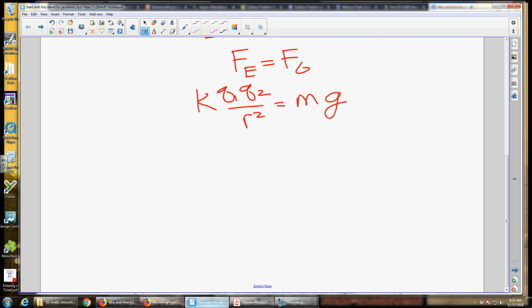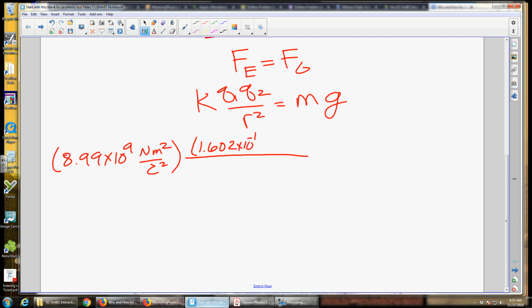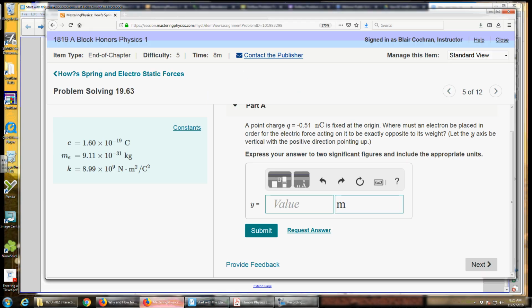Okay. So I'll do that. 8.99 times 10 to the 9th newton meter squared per coulomb squared, times charge on one electron, 1.602 times 10 to the minus 19th coulombs. And then my charge, 0.51 nanocoulombs.